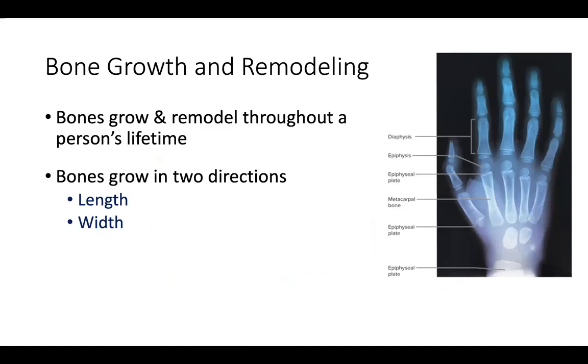Obviously in length. So when you were 2, your limbs were a lot shorter than they are now. And also in width. So your bones will thicken over time. There are two different names for growth in length and growth in width, and I'll talk about those in just a second.